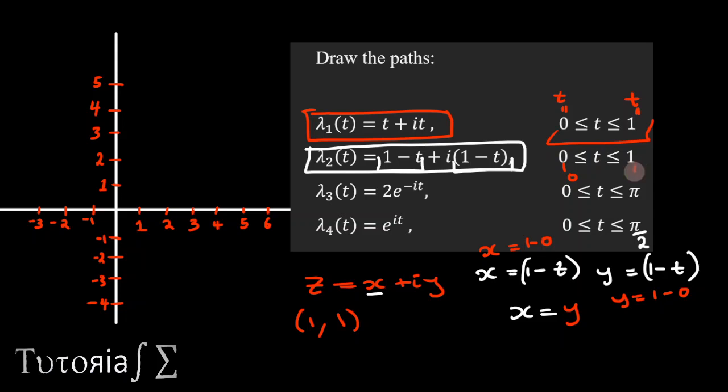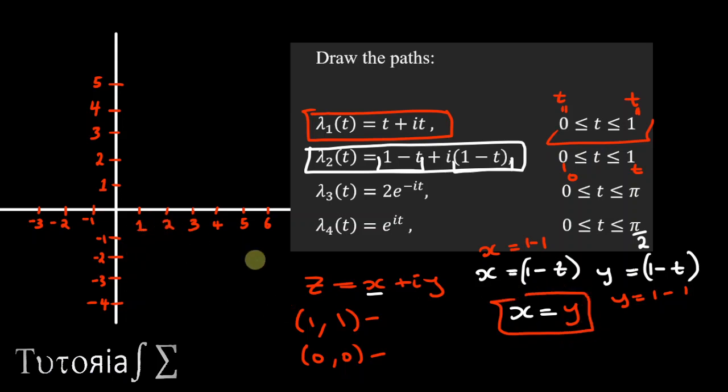Then when t is 1, we have 1 minus 1, so our x will be 0 and our y will be 0, so 0, 0. So this is the starting point and that is the ending point, and the equation is this equation here.